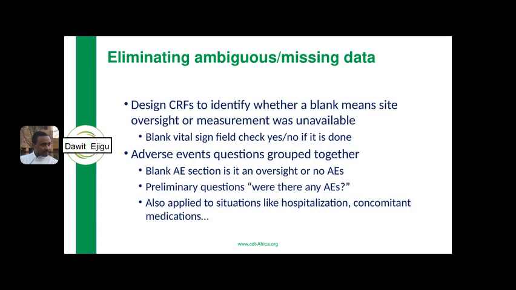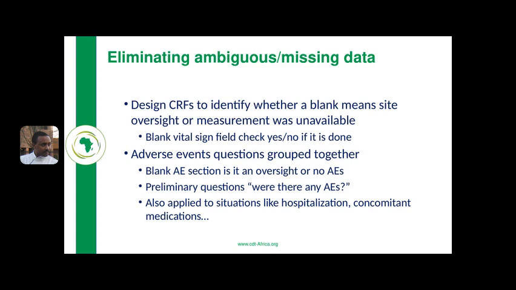The other aspect CRF design should address is eliminating ambiguity on missing data. We need to design CRFs in such a way that we can identify whether a blank means site oversight or measurement was unavailable. A good example is vital signs. Before we go into detail on each vital sign, we ask an entry question on whether vital signs were measured.